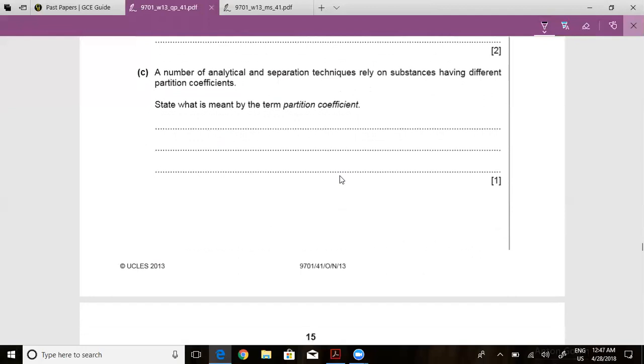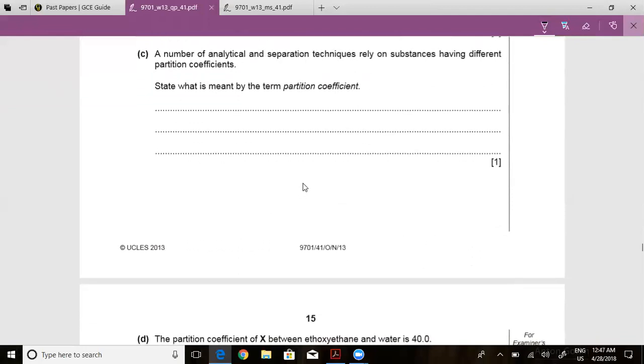What is meant by the term partition coefficient? That's like K_pc. Remember, it's the ratio of the concentration in separation into, and this is what is important, into what are the two solvents called which don't mix with each other?